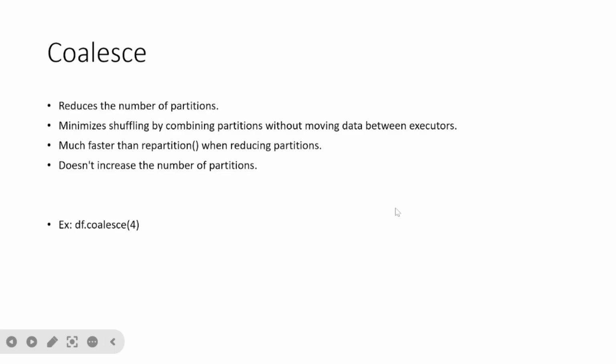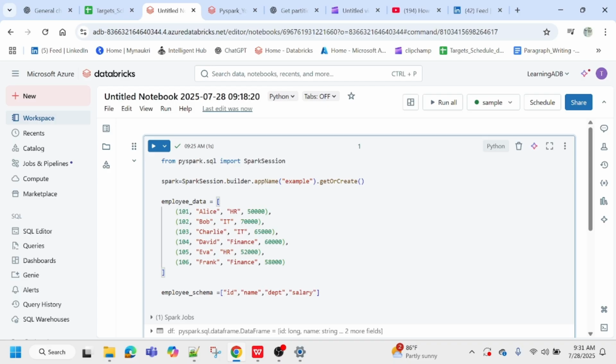Now let's understand how to use repartition and coalesce in real life with hands-on experience. Here I imported a Spark session to start the Spark application and initialized the Spark session using the spark variable.